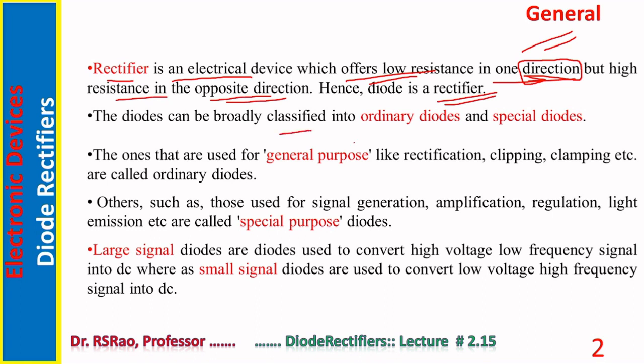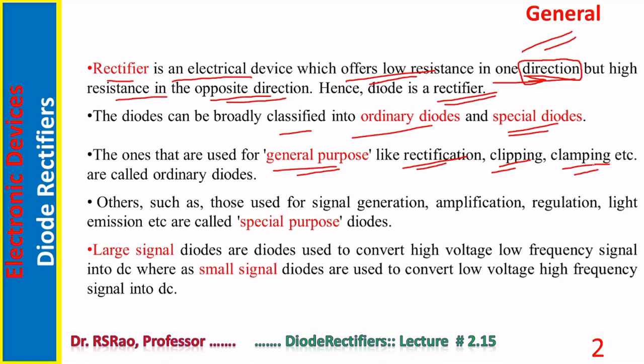Diodes can be broadly classified into two types: ordinary diodes and special diodes. The ones that are used for general purpose, like rectification, clipping, clamping. Rectification means converting bidirectional current to unidirectional one. Clipping means a removal of a certain portion of the input waveform.